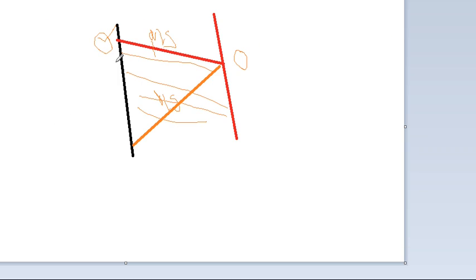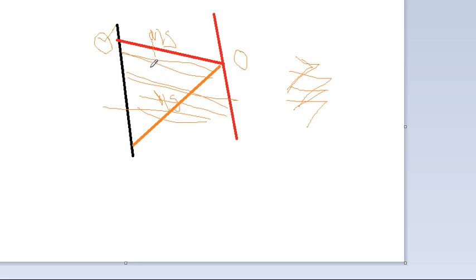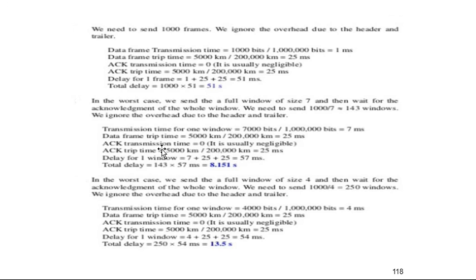Now data frame trip time is 25 for one round trip. What will happen if it sends acknowledgement for all 7 at once? Acknowledgement transmission time was 0, acknowledgement trip time would be 25 milliseconds. So delay for one window would be 7 millisecond plus 25 plus 25. So total delay would be 57 milliseconds.